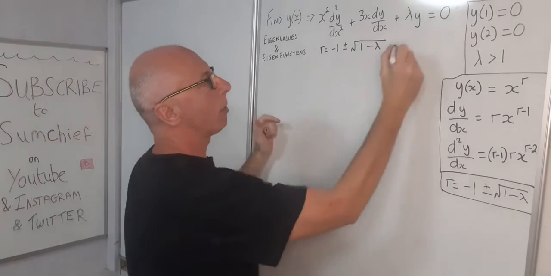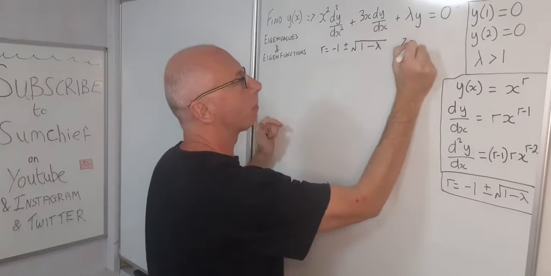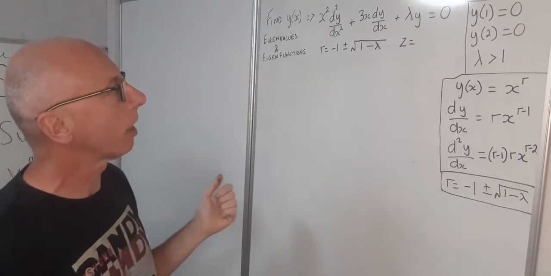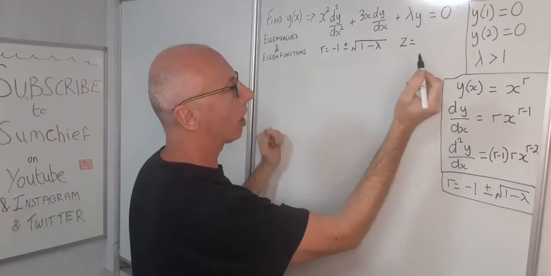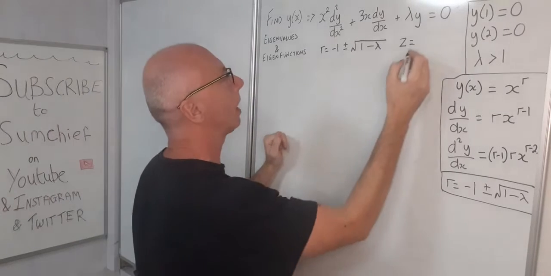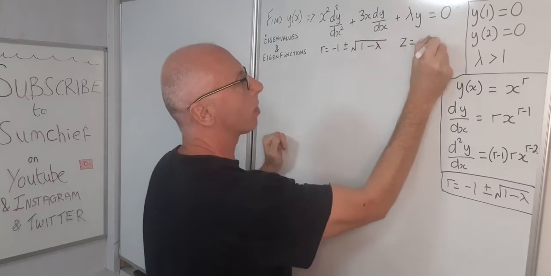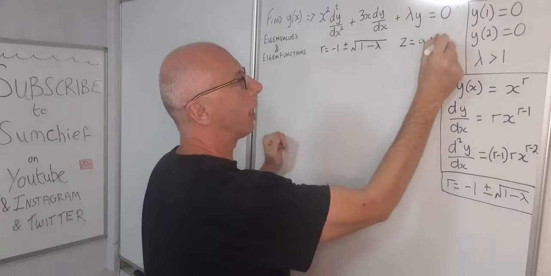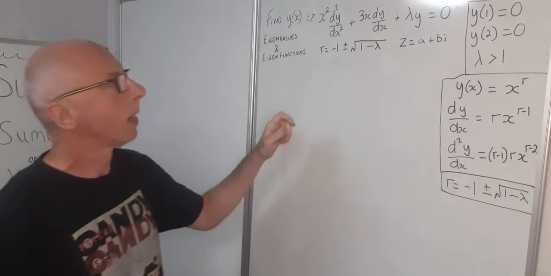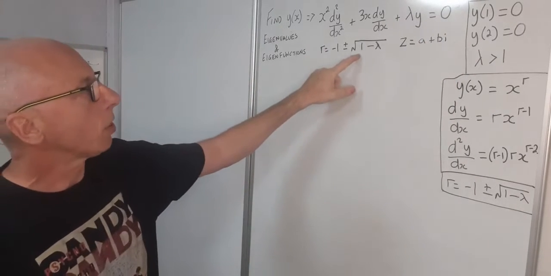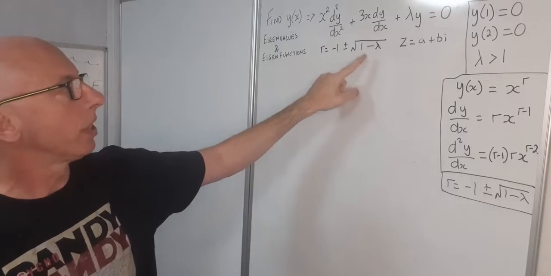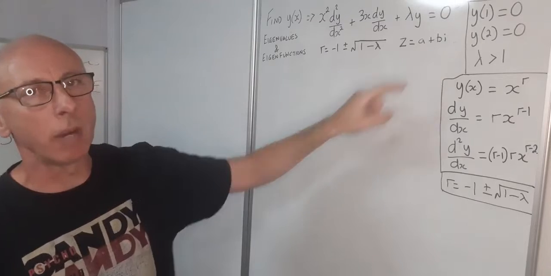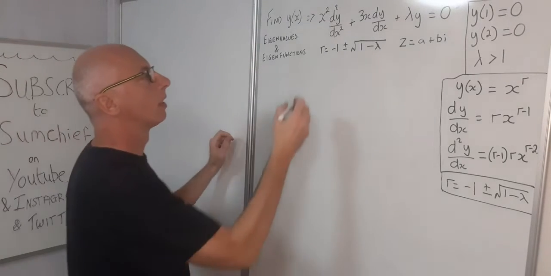As we remember from Calculus 1 and Calculus 2 classes, complex numbers are in the form of z, our usual standard notation for a complex number, equals a plus bi, where i is square root of minus 1. So now what we could do is just multiply this by minus 1 and put an i in front, and then we turn it into the format of a complex number.